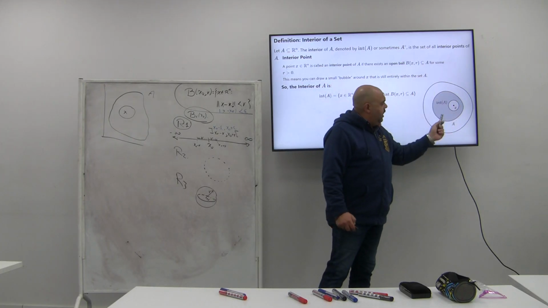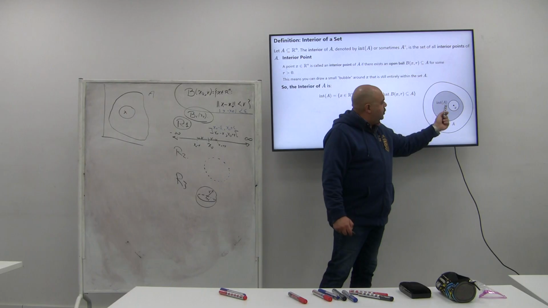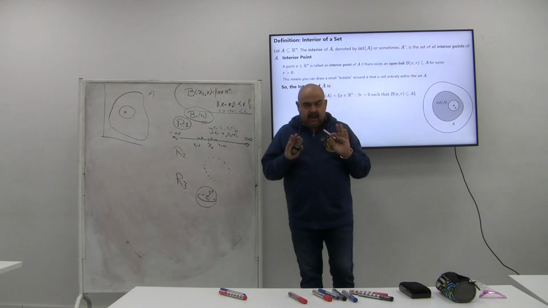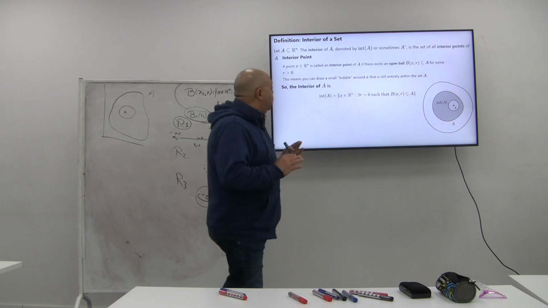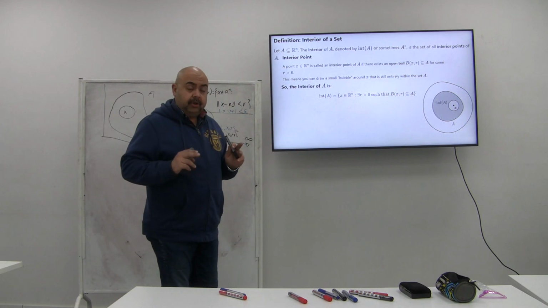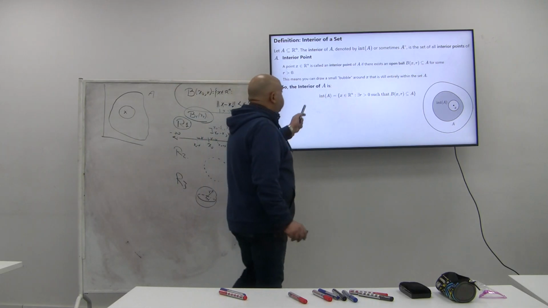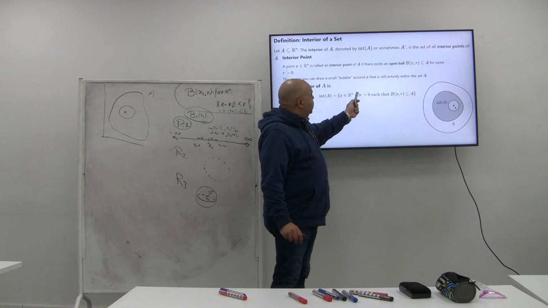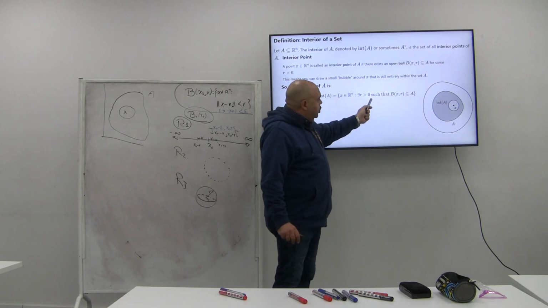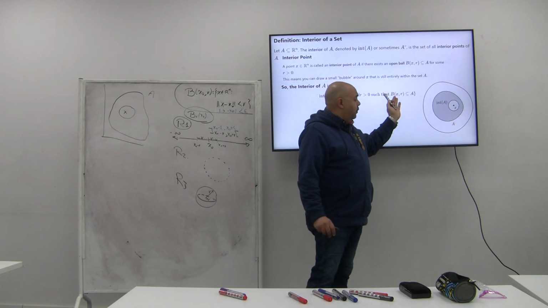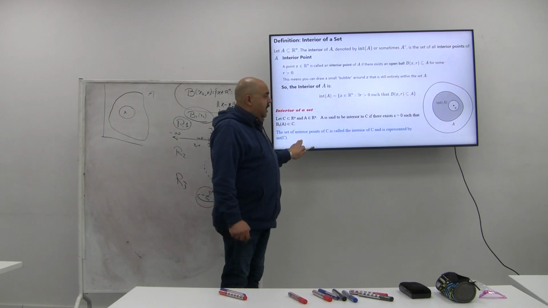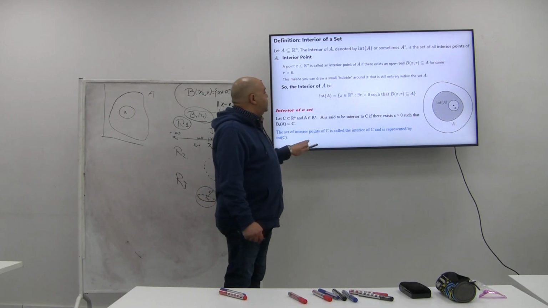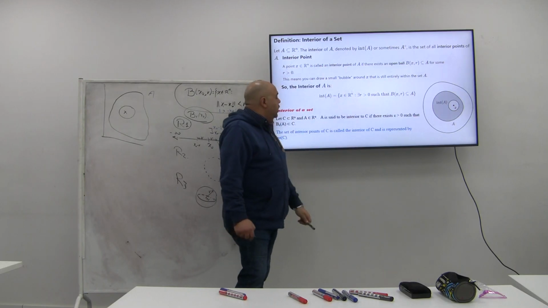This is A, and that's the open ball of x, which is completely inside the set A. Of course, the interior of A is away from its corner or its boundary. So the interior of A is the set of x belonging to Rn such that there exists r greater than 0 such that the open ball of x and r is a subset of A. And it's exactly the same in our slides, but instead of r, we usually use epsilon.